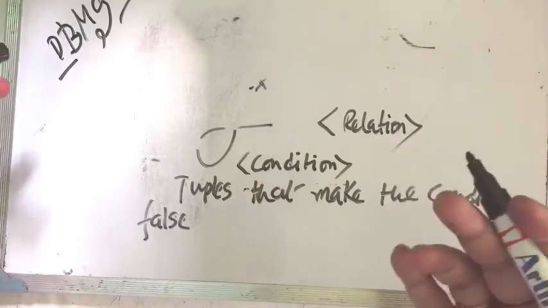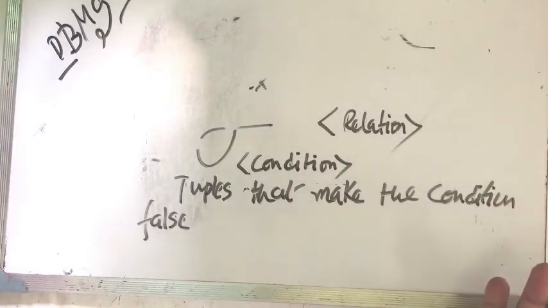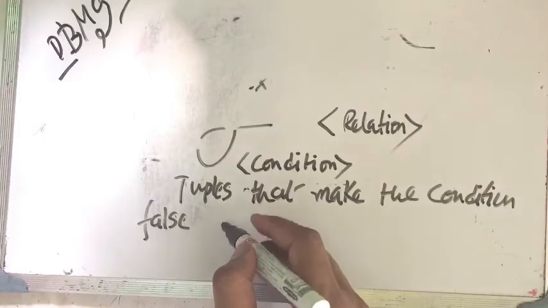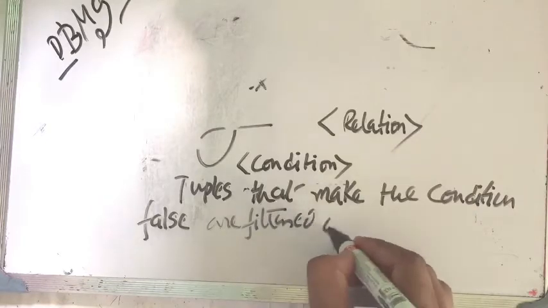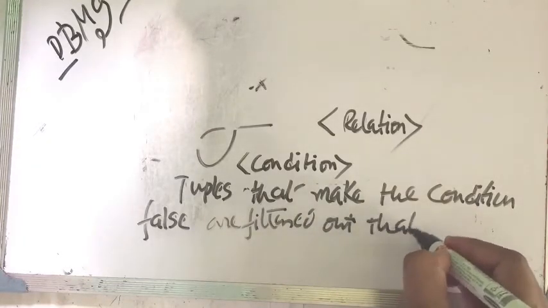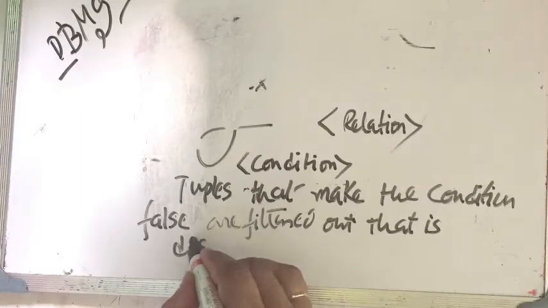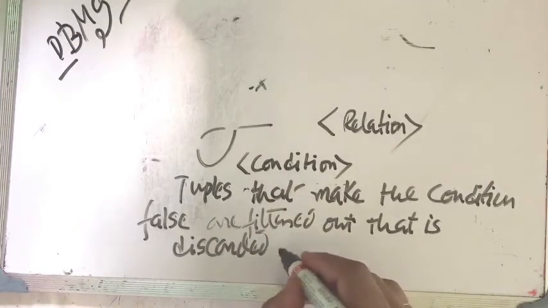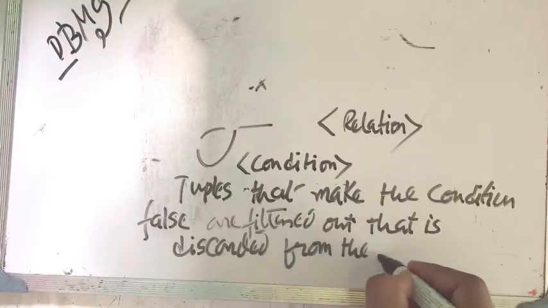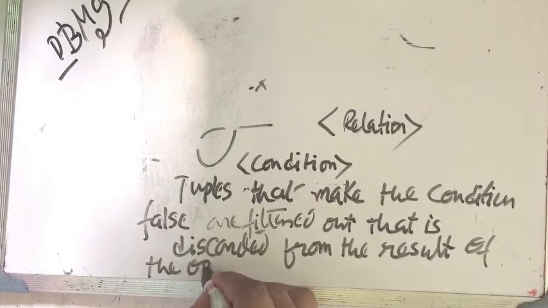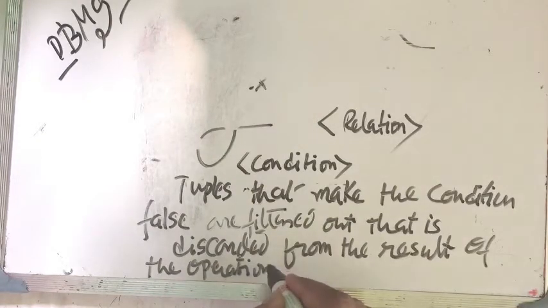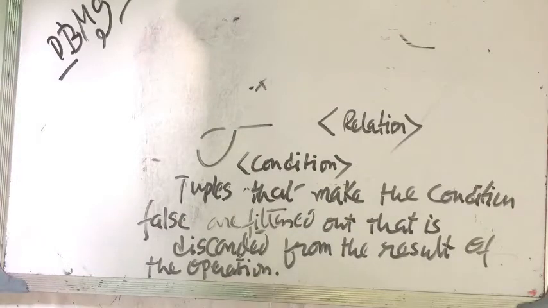When the condition is true, then you have to show the tuple, and tuples that make the condition false are filtered out, that is, discarded from the result of the operation.